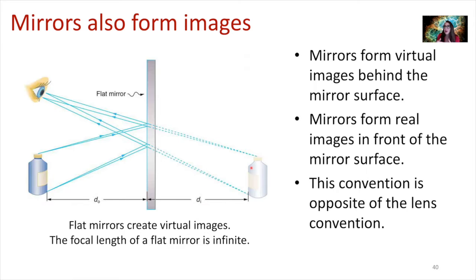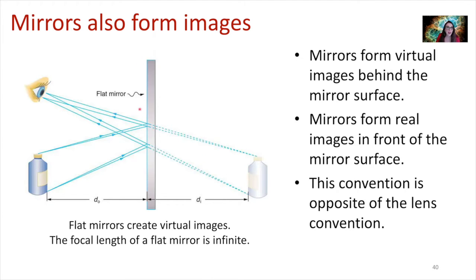It looks like you are standing some distance away from that surface on the other side of the wall. And that distance that our image appears on the other side for a flat mirror is the same distance that you are standing away from the mirror on the side that you're on.